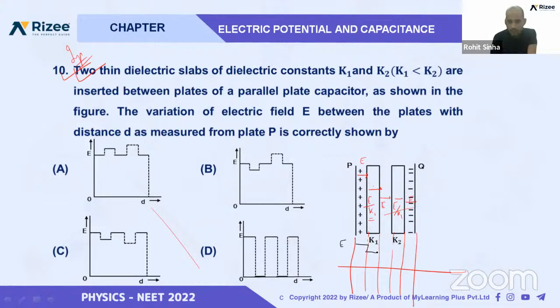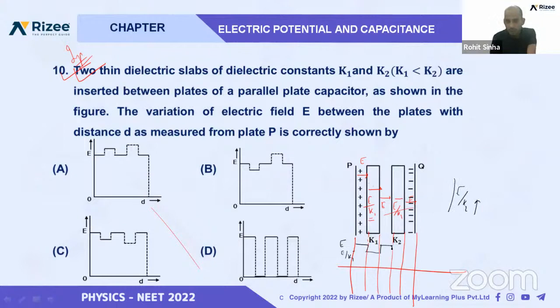So here it becomes E by K1, and we know that K2 is greater. After this again it becomes the same. Now K2 is much greater, that means E by K2 will decrease more.